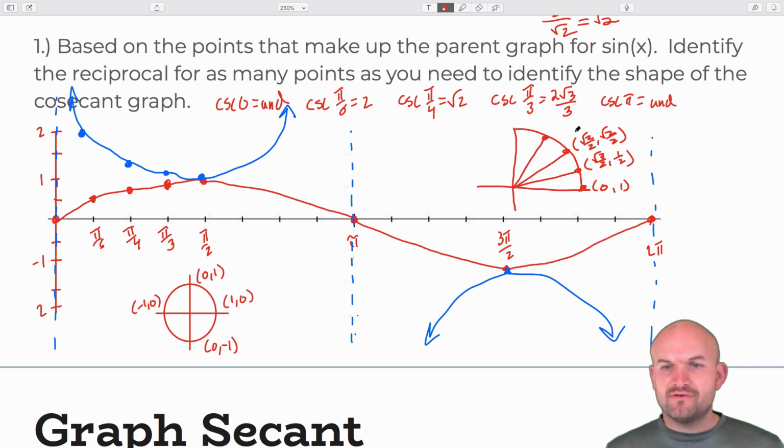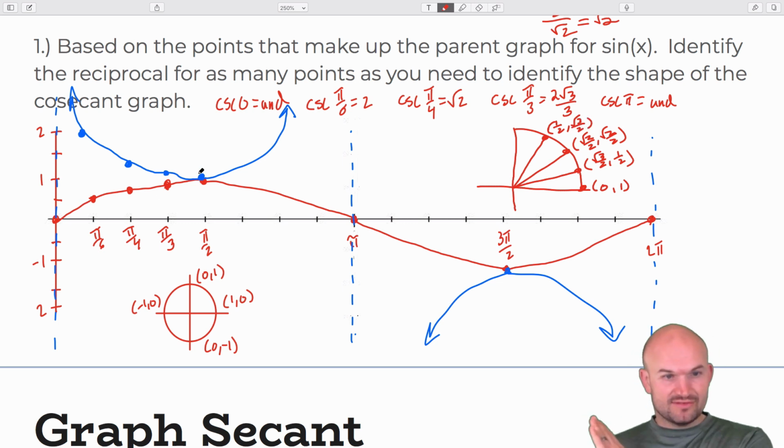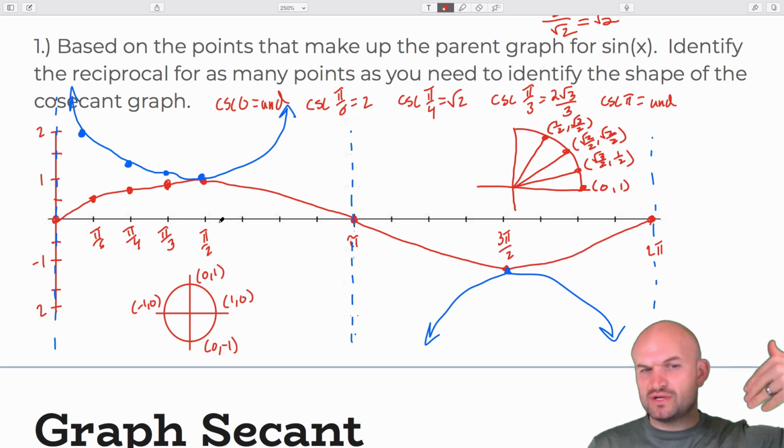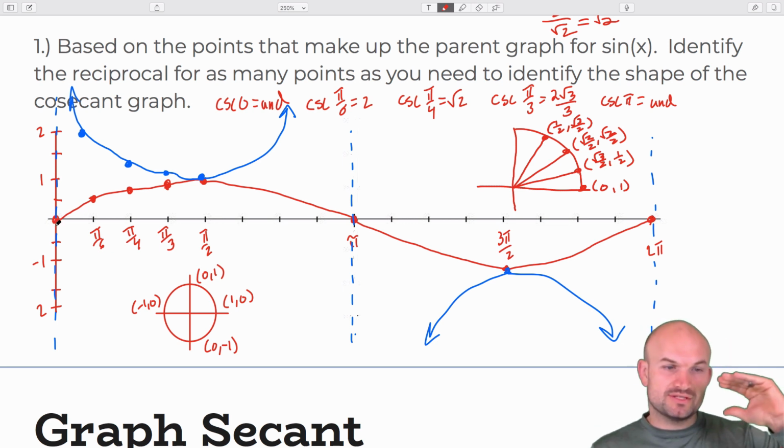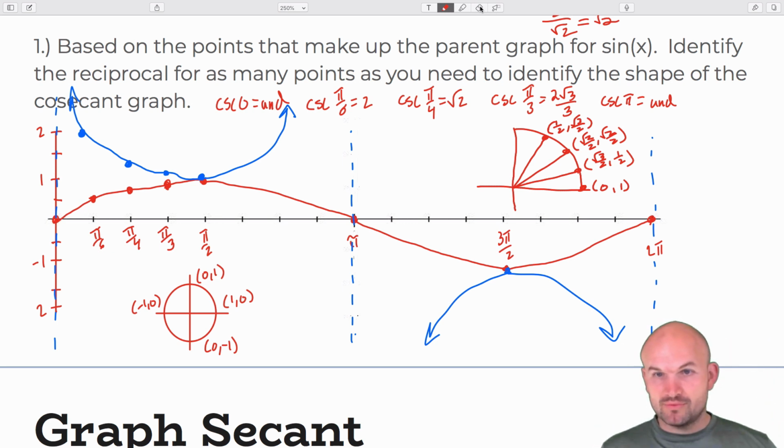And then at pi over 3, that's going to be 1/2, square root of 3 over 2. That's where I got these first 4 points, because that's what I wanted to focus on. Again, that's the wrong graph. That's 1, 0. Oh, and then we did this one as well.